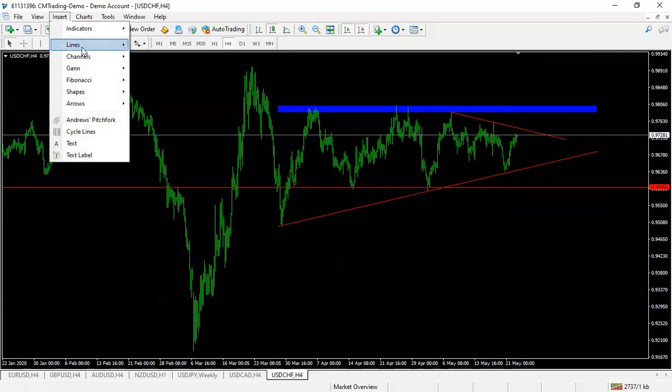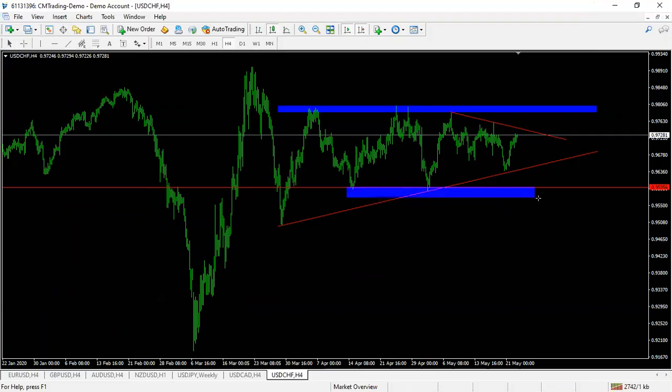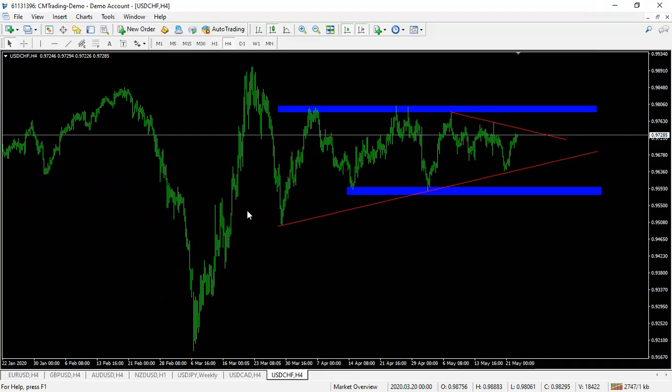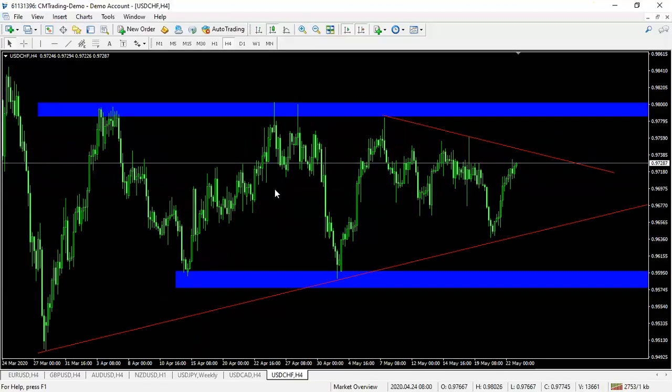So we can add, as in whatever you see, draw. It can be complex at first because you don't really know what you're drawing with these supply and demand zones. But what I'll tell you is anywhere you spot resistance or support, it's a point where you can put a supply and demand zone or this rectangle.